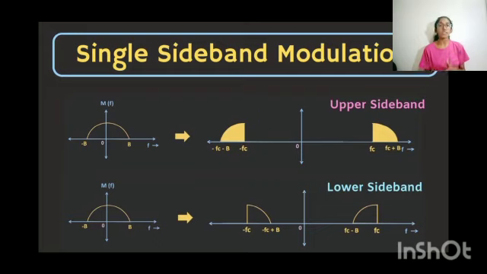In SSB, if the message signal bandwidth is B, the bandwidth of the transmitted signal is also equal to B. That is, we can say that SSB modulation is a bandwidth-efficient modulation.